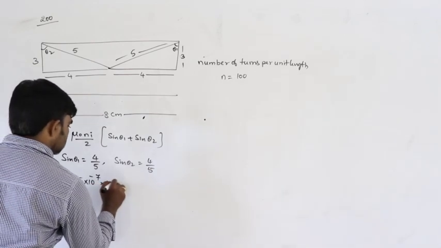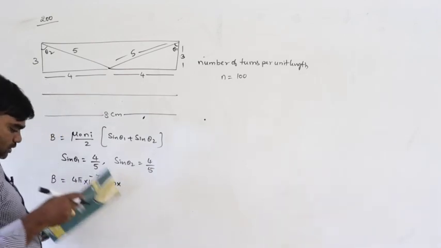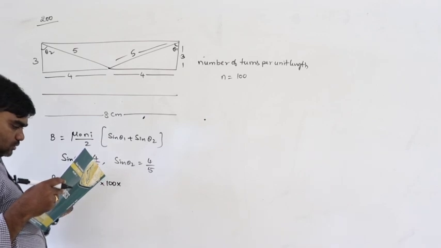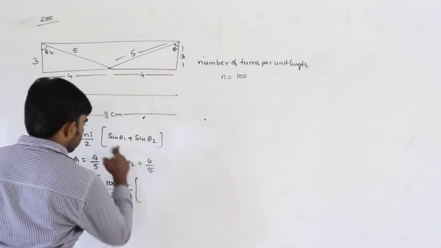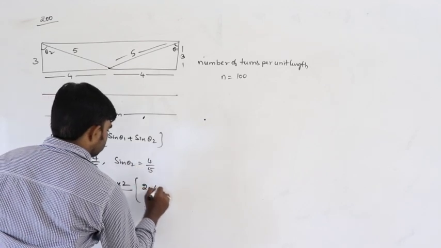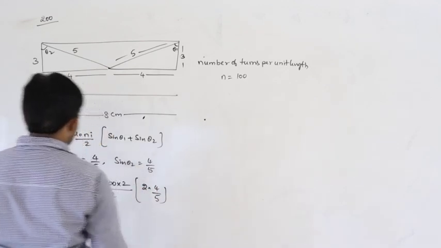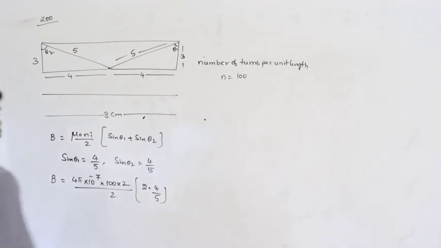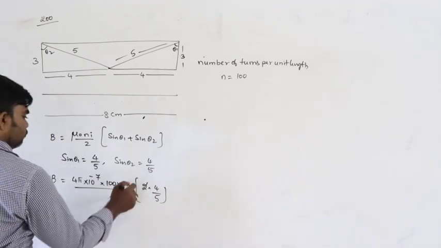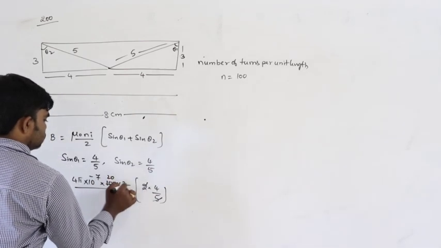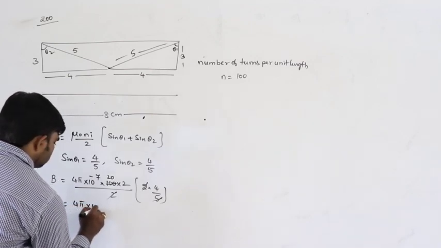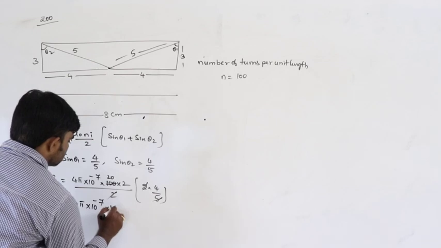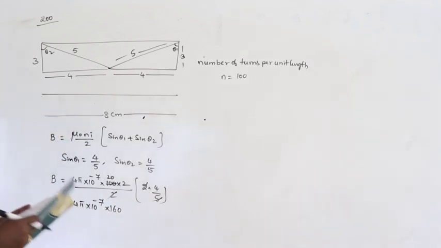So 100 into the current passing through. What is the current here? 2 amperes. So divided by 2 into sin theta, so 2 into 4 by 5. So that is the magnetic field. This 2 gets cancelled. 5 20s are 100, 2 2s are 40, 4 4s are 160. 4 pi into 10 to the power of minus 7 into 160.